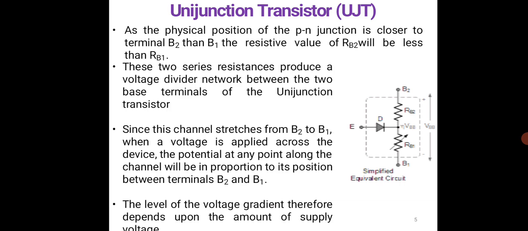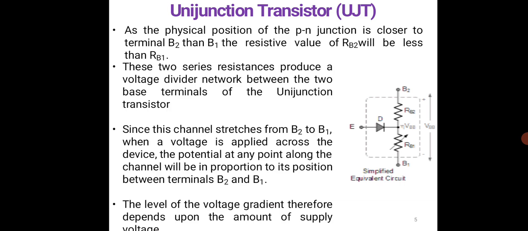These two series resistances produce a voltage divider network between the two base terminals B1 and B2 of the UJT. This channel stretches from B2 to B1 when a voltage is applied across the device.